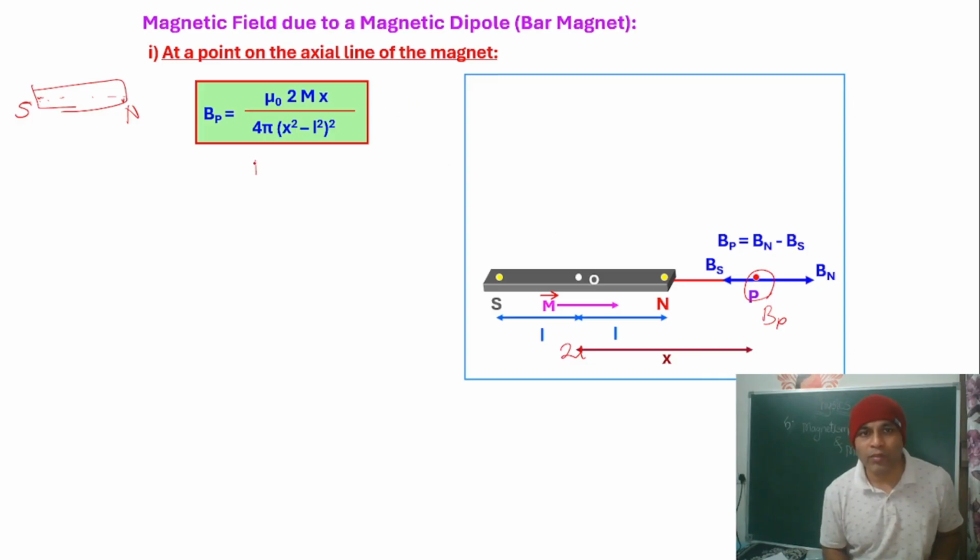As we know, the Bp formula is mu 0 divided by 4 pi times Q1 Q2, right?